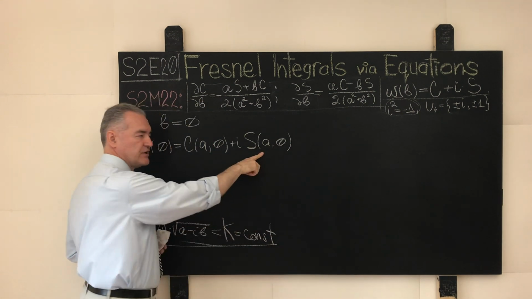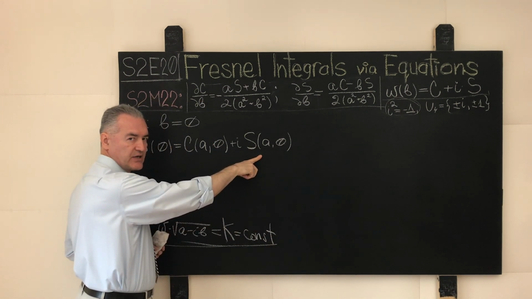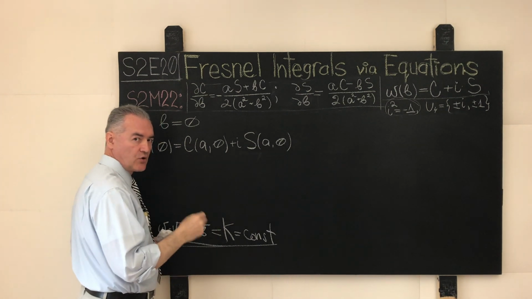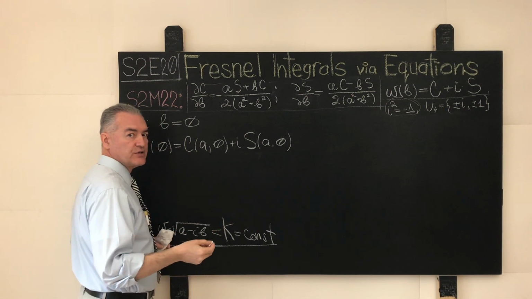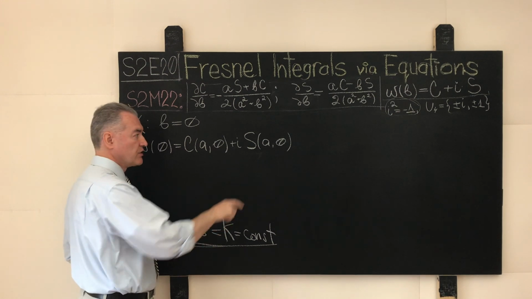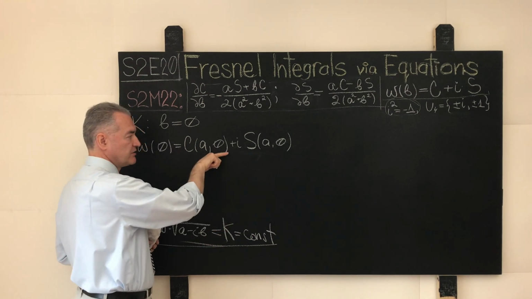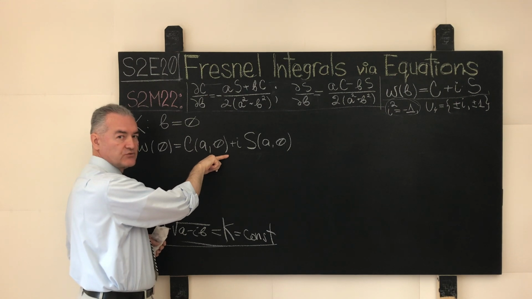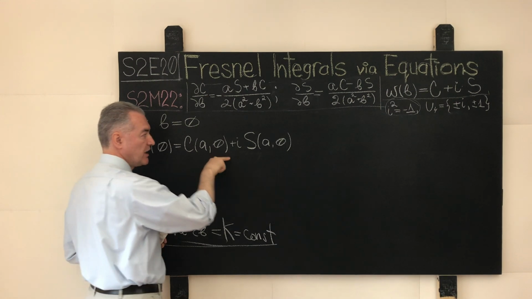This integral over here, we remember, contains the factor of sine of bx squared in the integrand, which means that when b is 0, this integral vanishes. And in this integral, we have under the integral sign the factor of cosine of bx squared. When b is 0, cosine of 0 is 1. So what do we have?